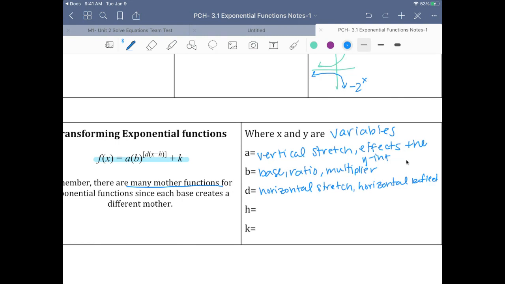Well, we should add that a is your vertical reflection too. Okay, h is the horizontal shift or translation. And k is your vertical shift, just like all things. This k value is also going to be your horizontal asymptote.